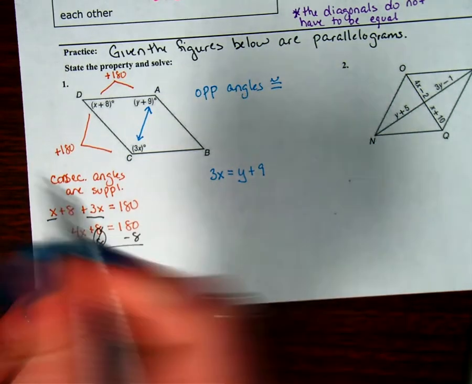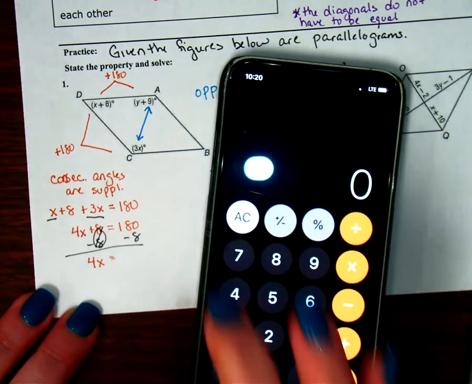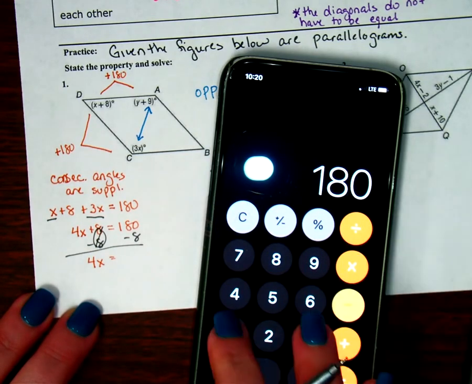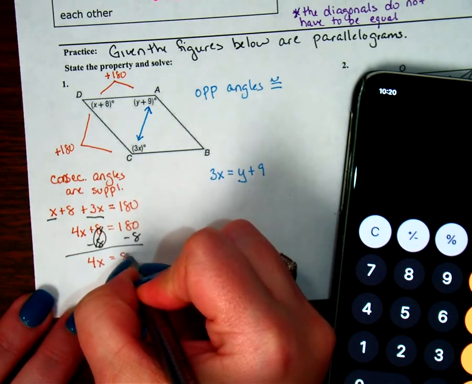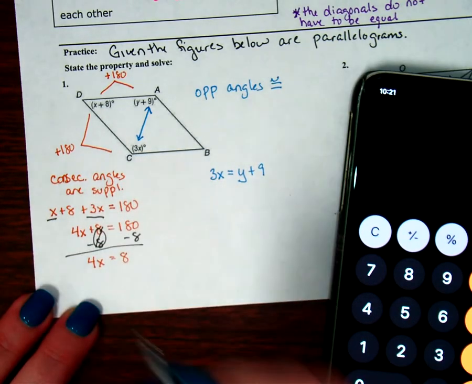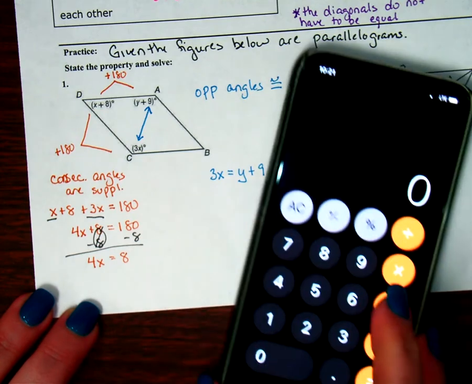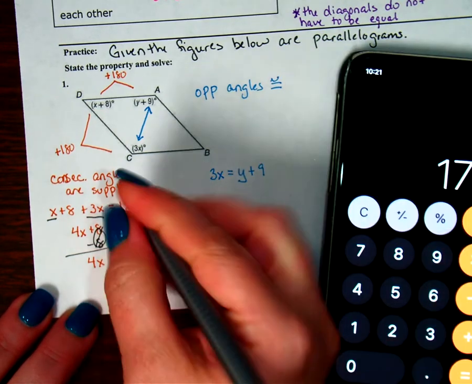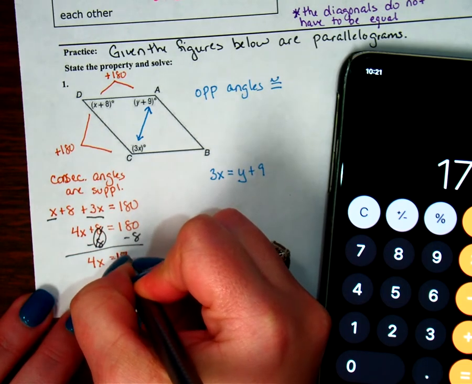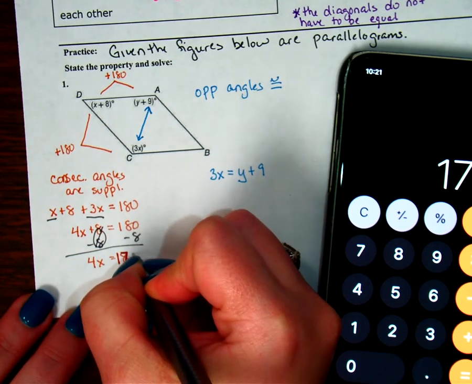equals, I believe that's 172, but it doesn't hurt to check. 180 minus 8 is 172.